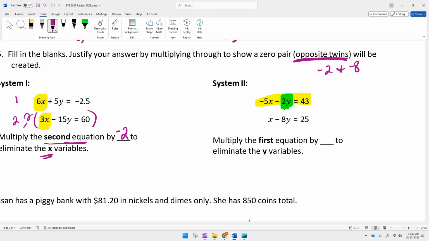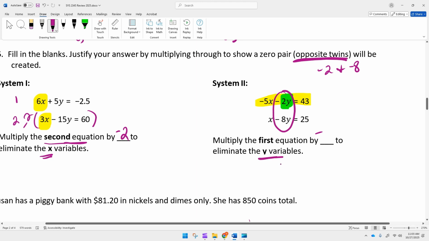So what would I multiply negative 2 by to turn it into positive 8? A negative and a negative make a positive, so we need to multiply by a negative number. What do we multiply 2 by to give us 8? So we're eliminating these two, the y variables. 4. So that would be negative 4. Does that make sense?